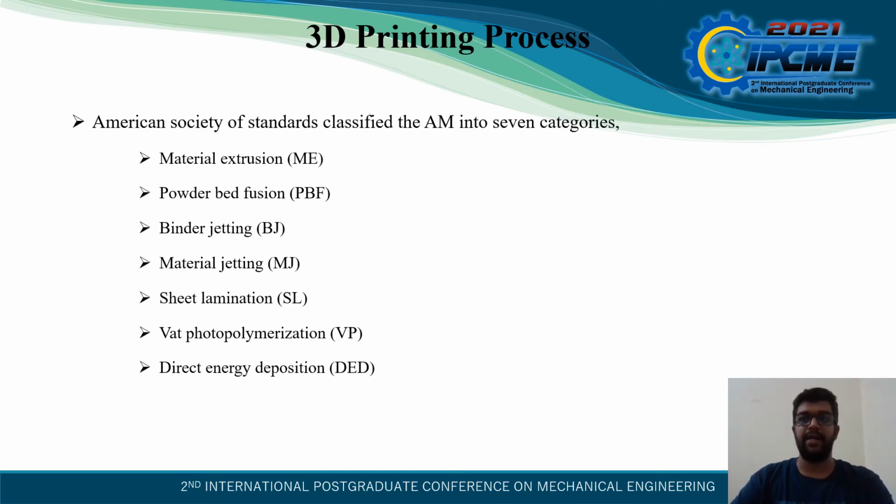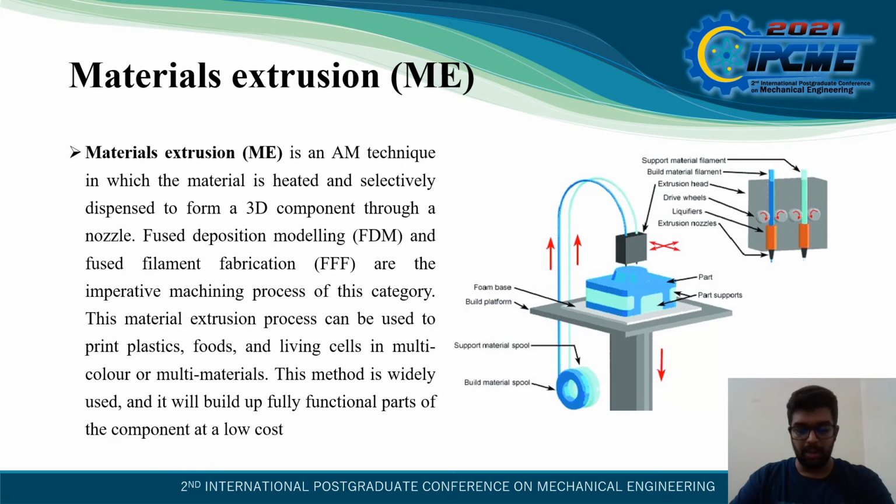These are the 7 main processes used in 3D printing technology. Initially, material extrusion uses raw material in filament form, and the main techniques are FDM and FFF. FDM is fused deposition modeling, and FFF is fused filament fabrication.